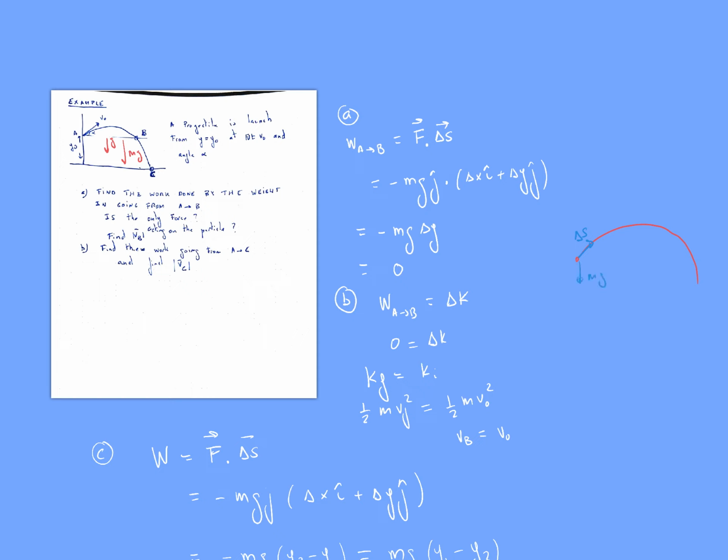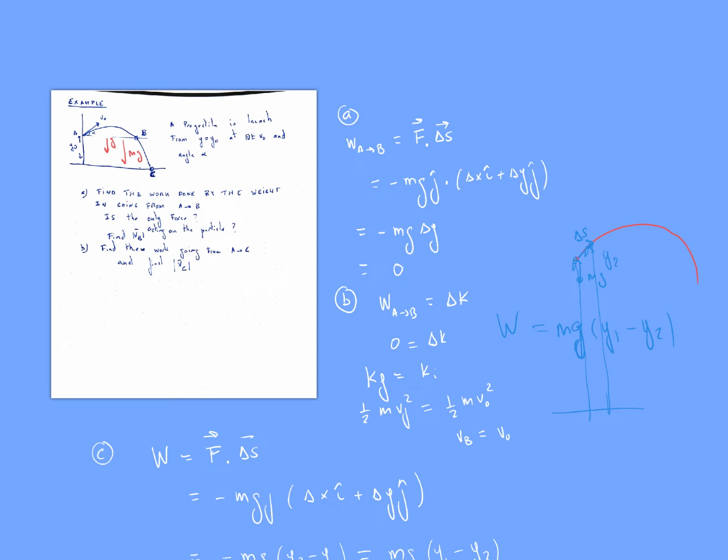And the work done, we have said, is mg(y1 minus y2). So y1 is this expression, and y2 is this height, y2. And the work done is mg(y1 minus y2).